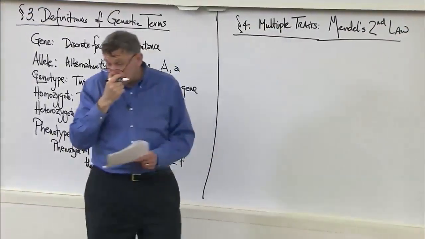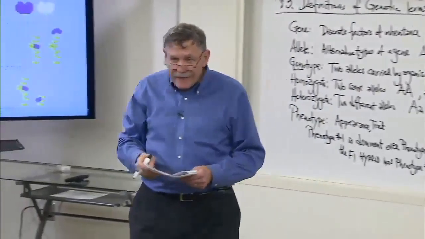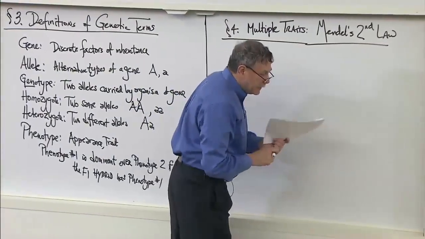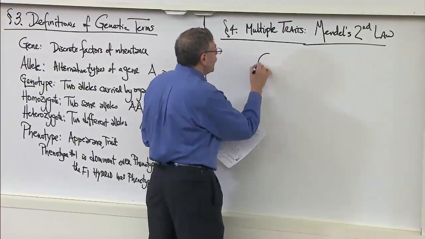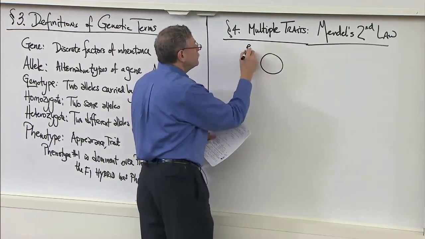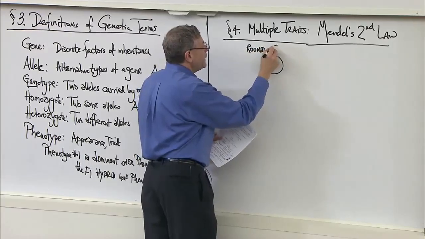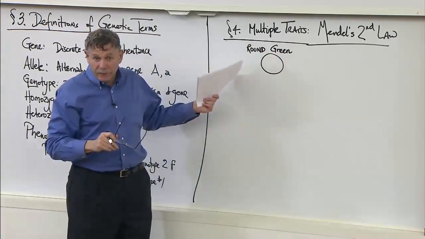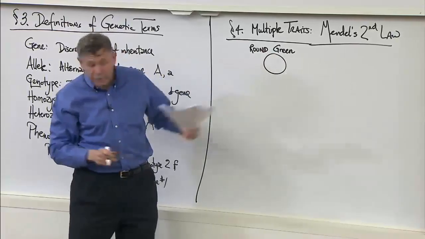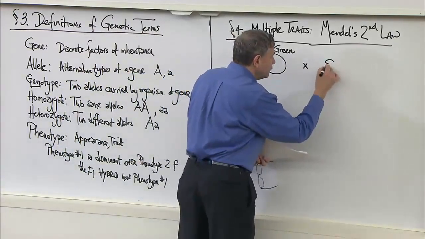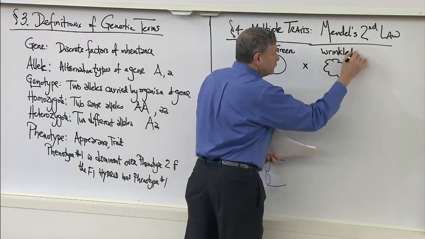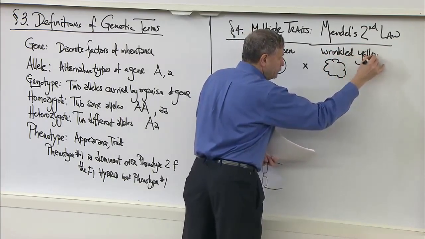So what Mendel does is take some peas that are round and green. He's established that round is a dominant phenotype, green is a dominant phenotype, and he crosses them to some peas that are wrinkled and yellow.